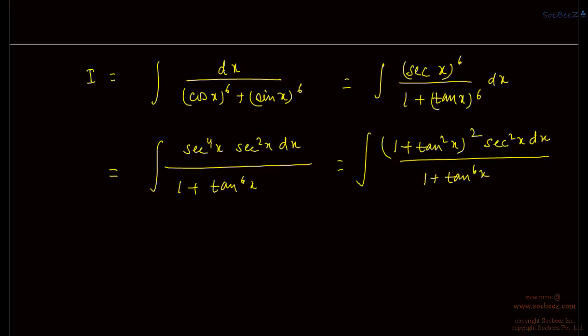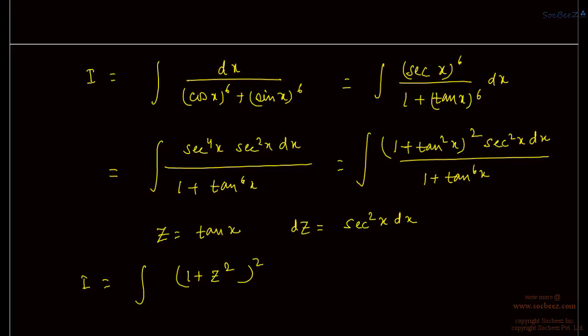Now if we substitute z is equal to tan x, then we will be getting dz as sec square x dx. So we have I as integral of 1 plus z square whole square upon 1 plus z to the power 6, right, dz.